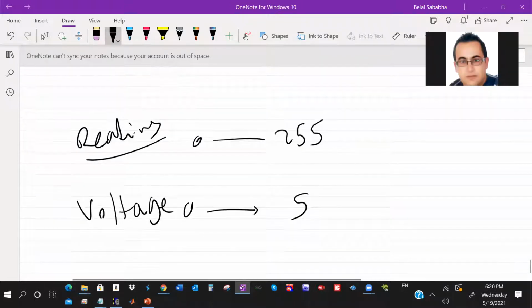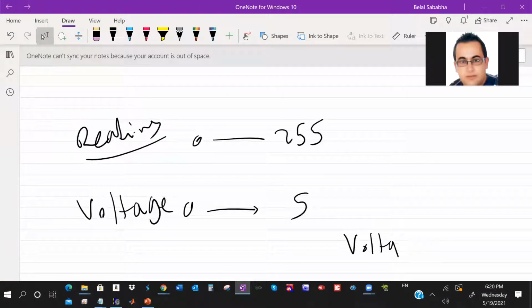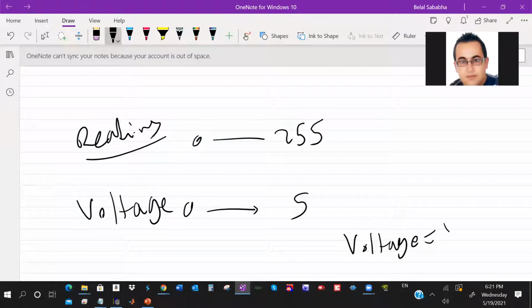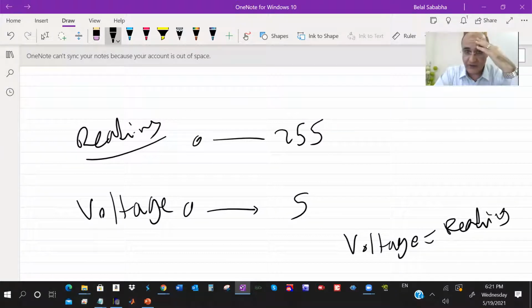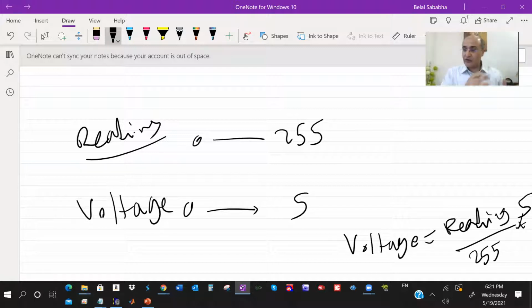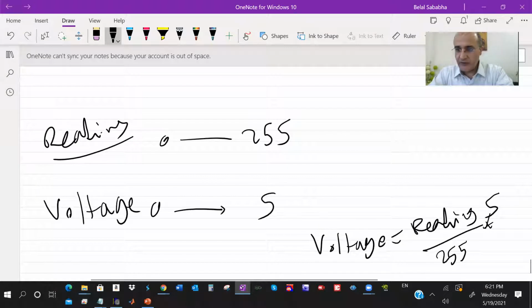5 over the number of samples. The voltage equals what? What I read, the range. It's only an 8-bit reading, over 255 times 5. So if I want to convert it to 4 digits, meaning 5,000 millivolts, I multiply it by 5,000, right? Depending on how many displays, but I only have one 7-segment display.